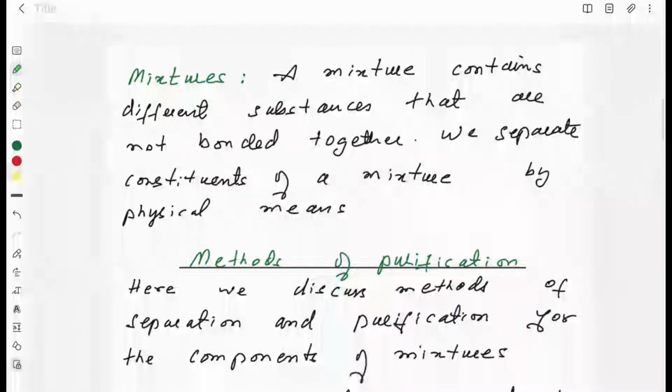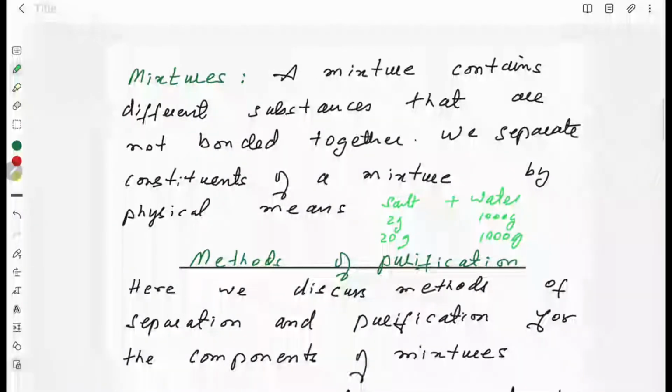I can give you one example. You can dissolve salt, common salt, in water. This is a mixture. The constituents can be in any proportion. I can take 2 grams of salt with 1000 grams of water, or I can take 20 grams of salt in 1000 grams of water.